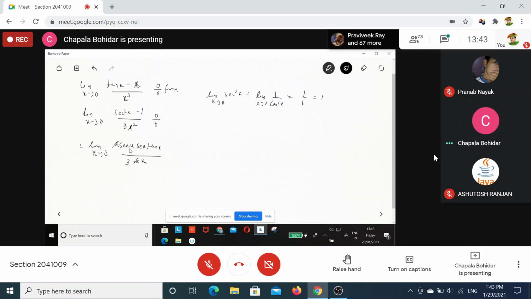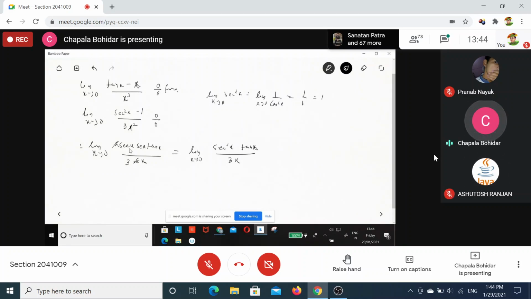So what will we do now? Now we have sec square x tan x divided by 3x. Again we differentiate. It is 0 by 0.